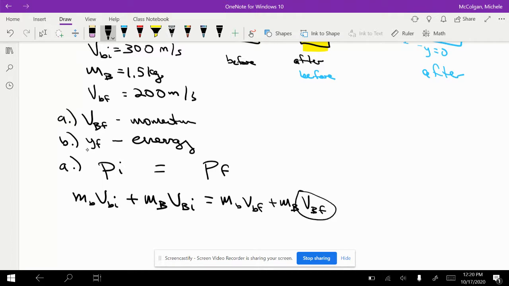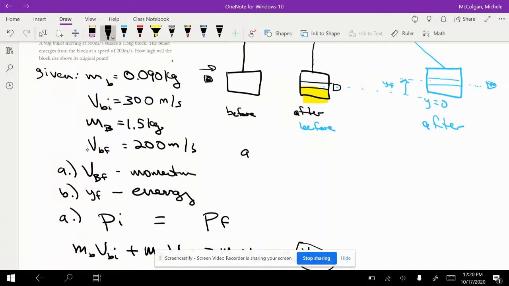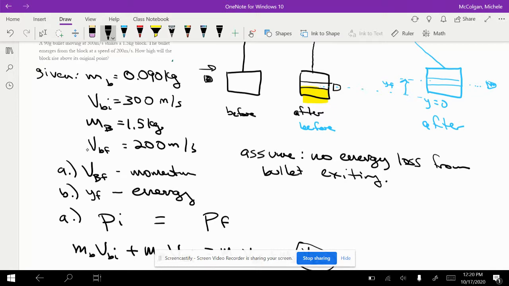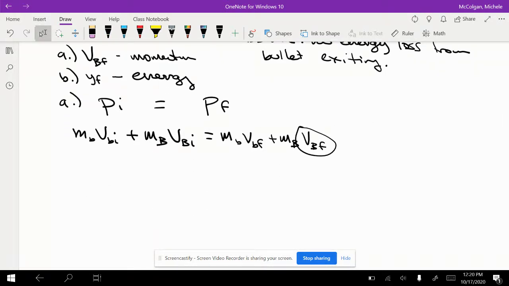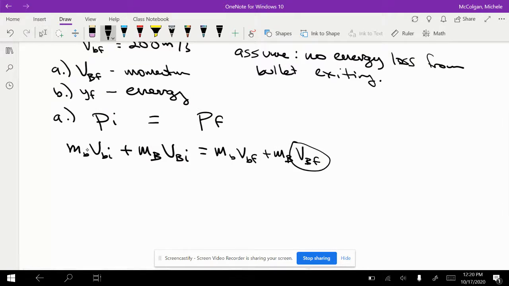And this is what we're looking for. We're going to make a big assumption that there's no loss in energy with the bullet going through and making a hole in the block and exiting. Okay, so for my initial information, I know the block is not moving. Set that equal to 0.